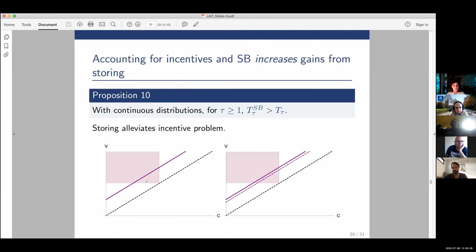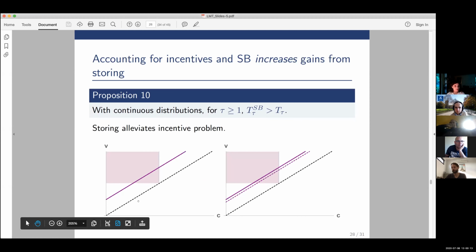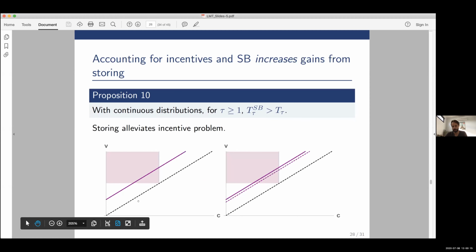And the intuition is, I think, simple. So what I have on the left-hand graph is for uniformly distributed types, but that's just for illustrative purposes. This is the 45-degree line, right? And this is the second best mechanism that has a slope of 1 for uniformly distributed types, starting at 1/4.